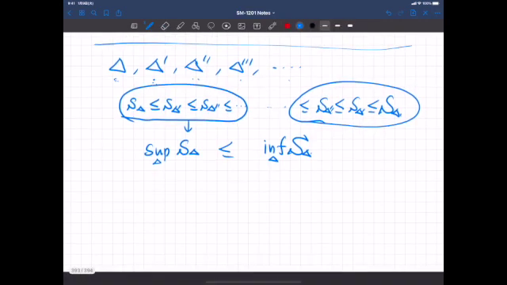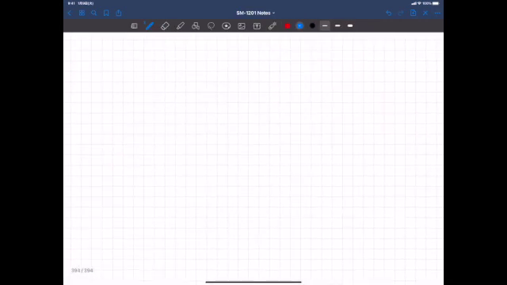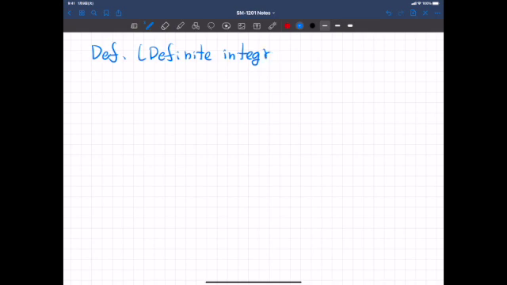Based on this observation, we finally define the notion of definite integral. Okay, so again, let f of x be a bounded function defined on this interval between a and b, including both a and b.